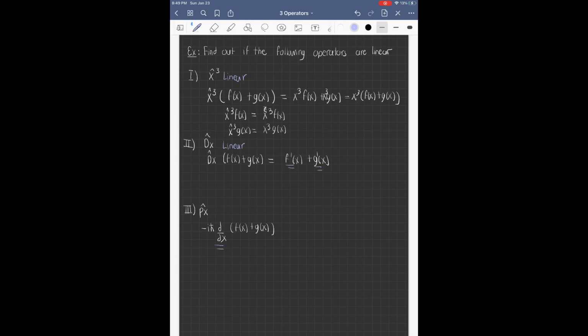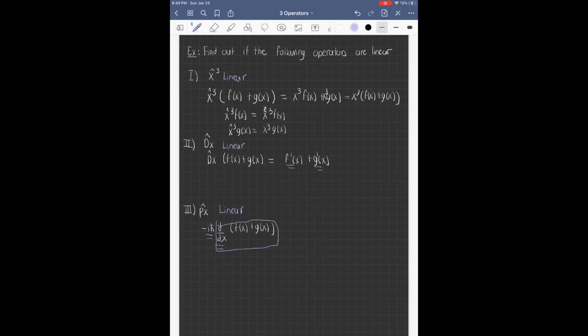If that's true, then this whole thing will be linear. And this is just a constant, and multiplying by a constant is linear also. So this is linear just by knowing that the derivative operator is linear, and since it's multiplied by a constant, it's automatically linear.